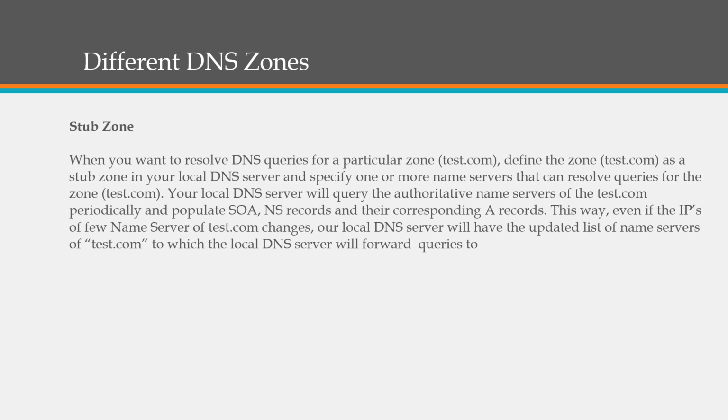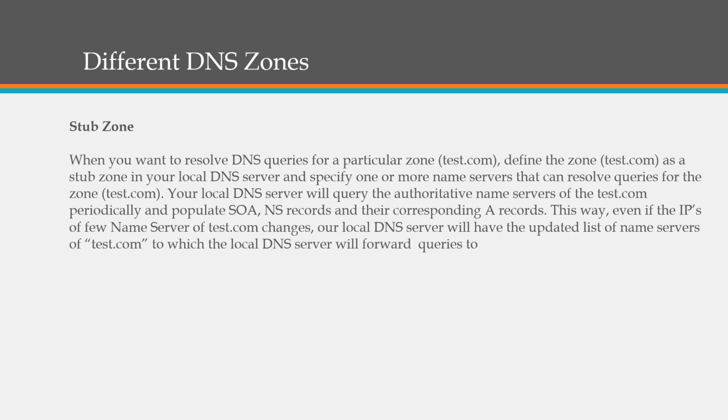Let's say we are providing only one name server, as in the earlier case, but it should be able to resolve test.com. Now your local DNS server will periodically query the authoritative name server of test.com, and it will populate the SOA, NS and their corresponding A records.